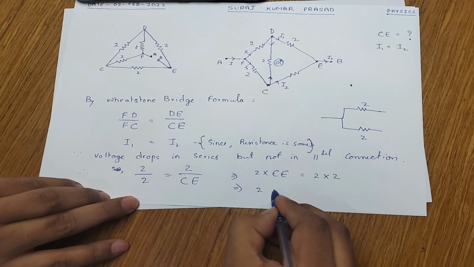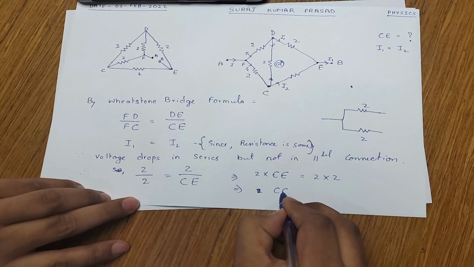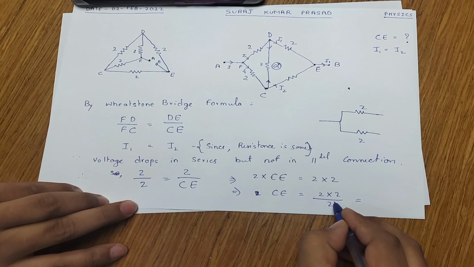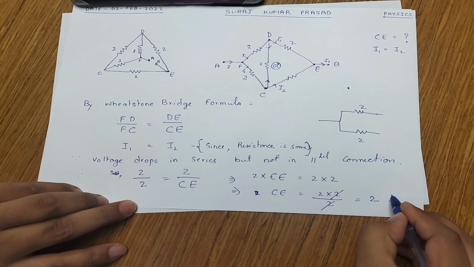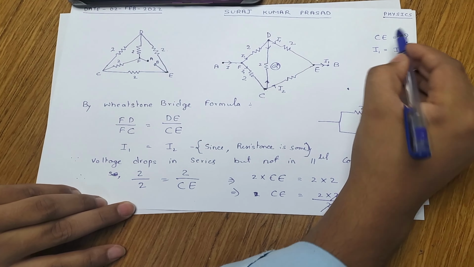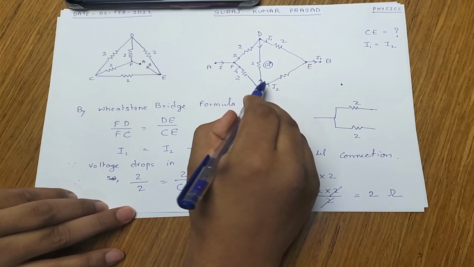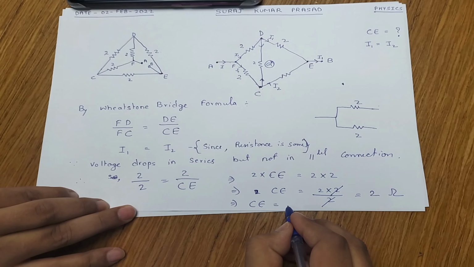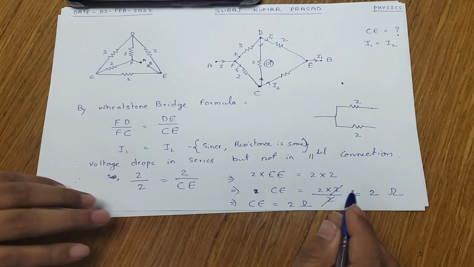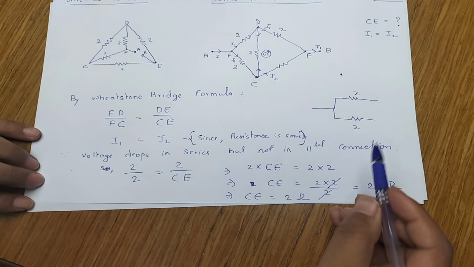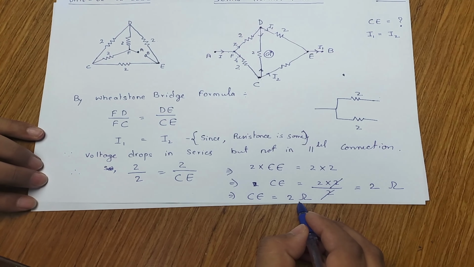This implies 2 CE equals 2 into 2 divided by 2. So the 2 ohm cancels out and we get the answer for CE. This implies CE, the equivalent resistance, is 2 ohm. Or else we can say the net resistance passing through is 2 ohm.